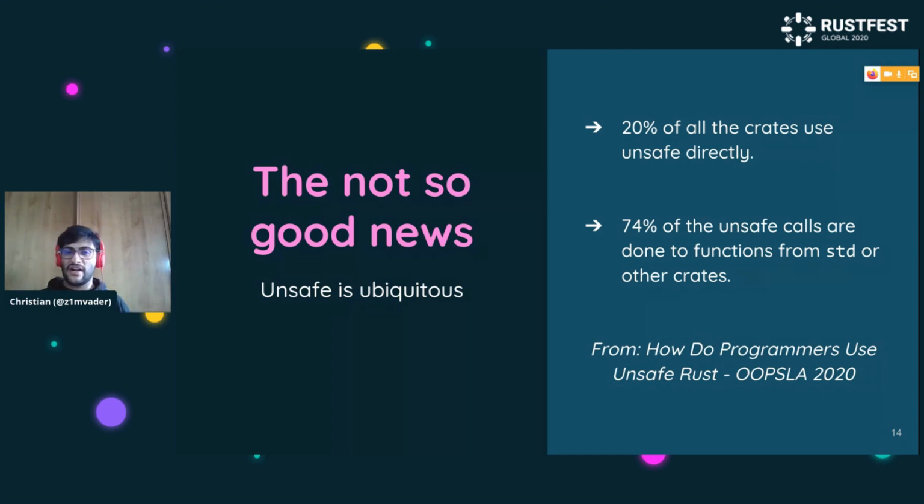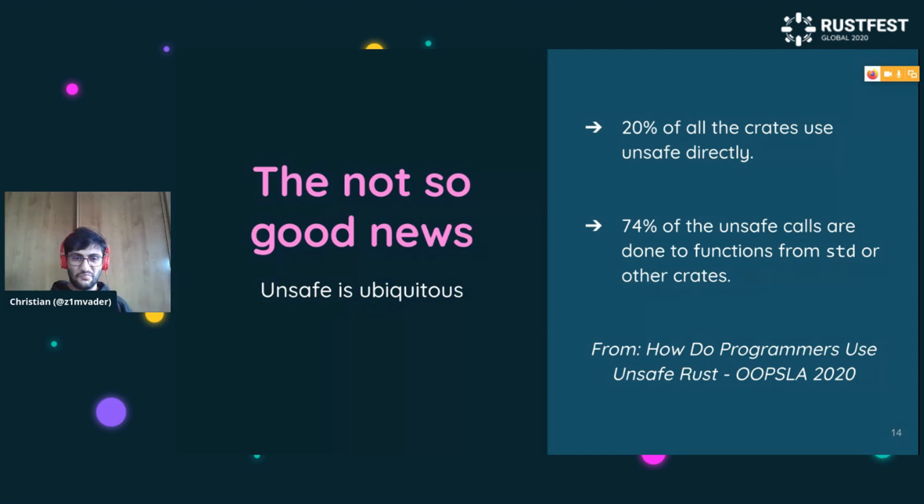Here I have some interesting statistics about this. 20% of all the crates on crates.io use unsafe directly, and of those crates, 74% make unsafe calls to functions that aren't in the same crate, so they call functions either in the standard library or in other crates.